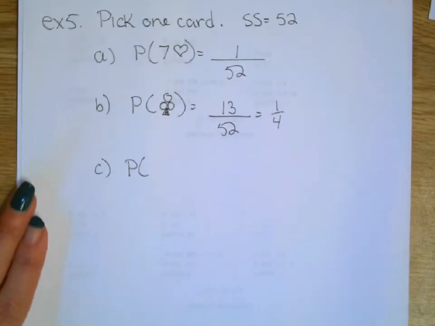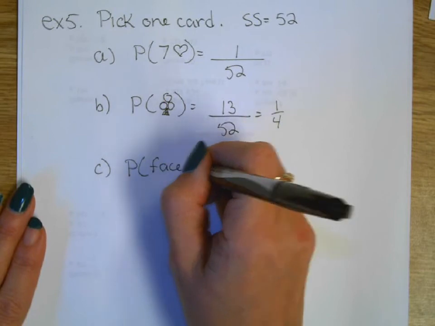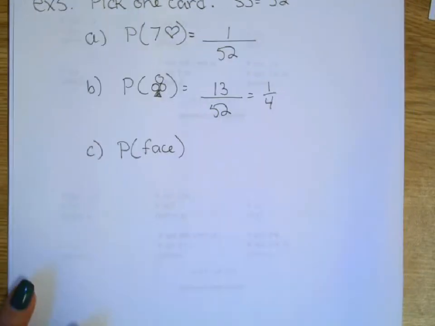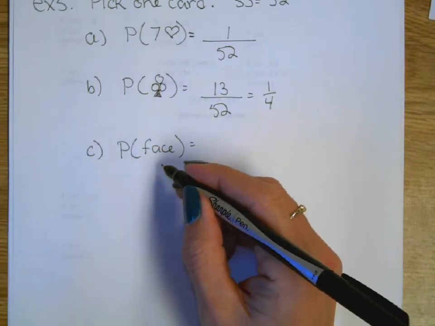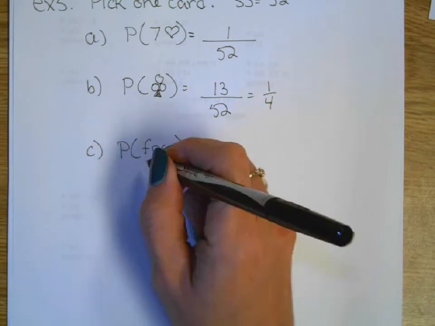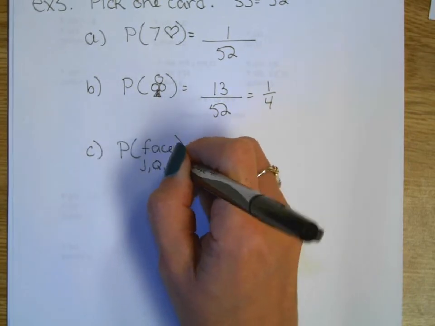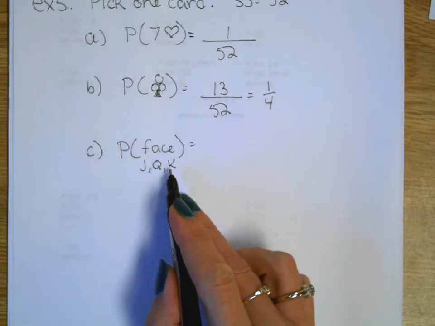What's the probability that I pick one card out of the deck and it is a face card? Oh, now we've got to talk face cards. If you're not familiar with the deck of cards, a face card actually has a face on it, and the cards that have faces are your jacks, your queens, and the kings. So there are 3 cards in each of the 4 suits.